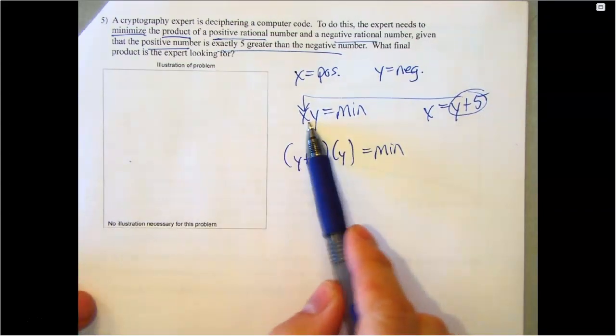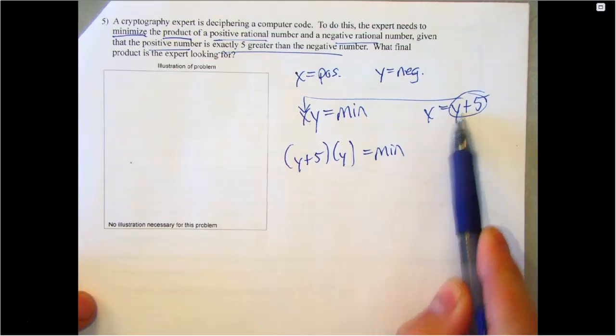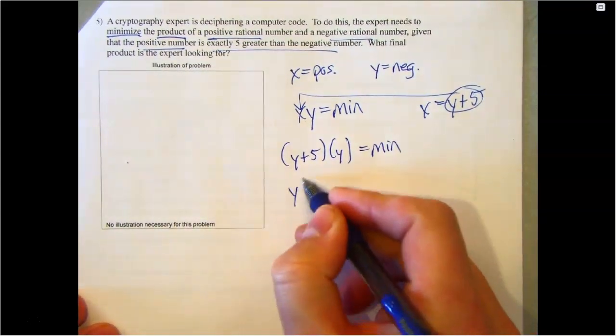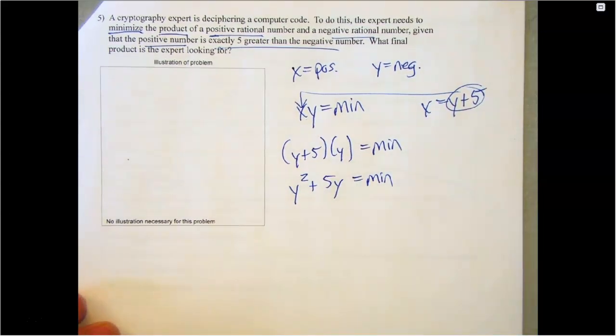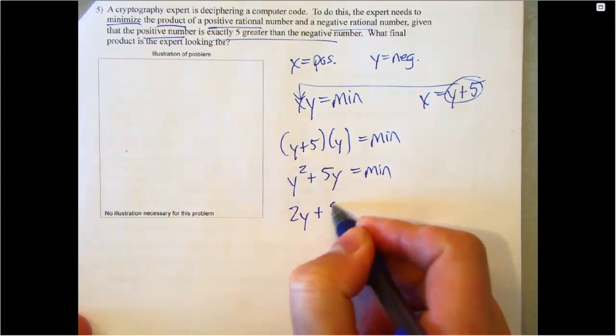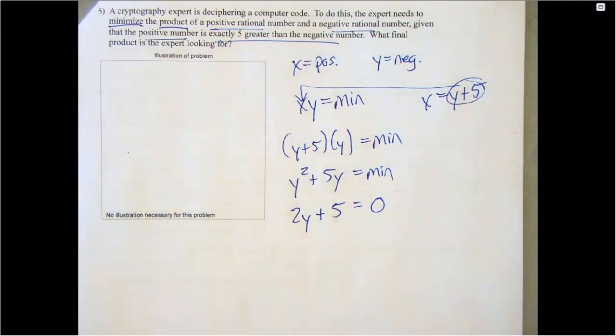It told me to minimize the product, and that the positive is 5 bigger than the negative. So I distribute: y squared plus 5y, still equal to min. Then take the derivative: 2y plus 5. I don't know what the minimum is, but I know the derivative at that point is 0.